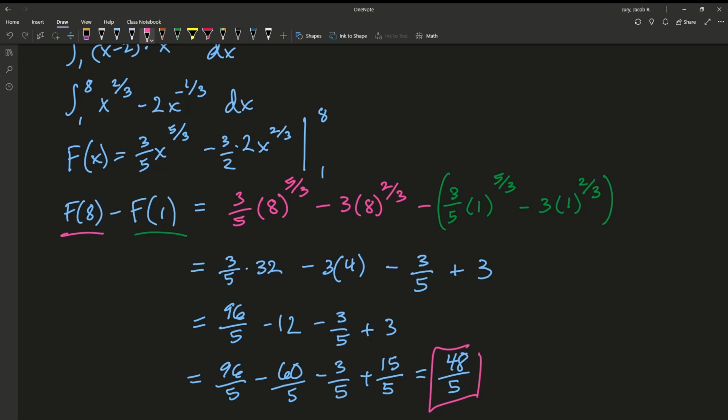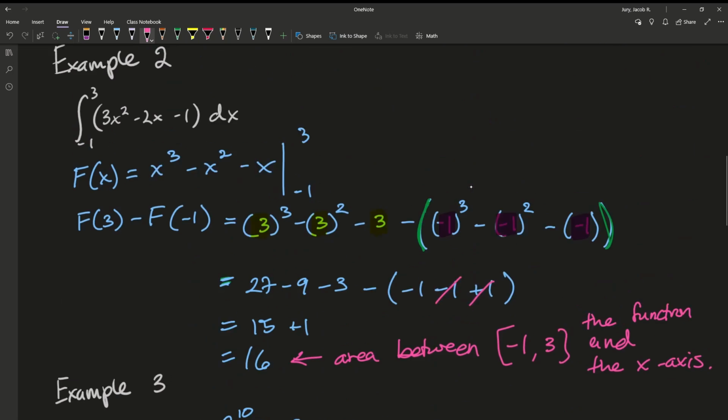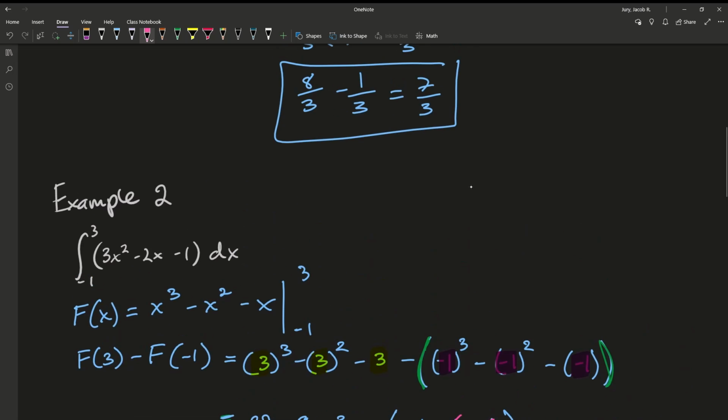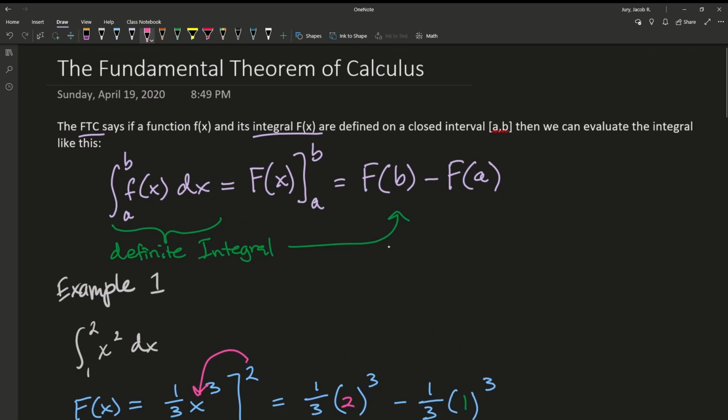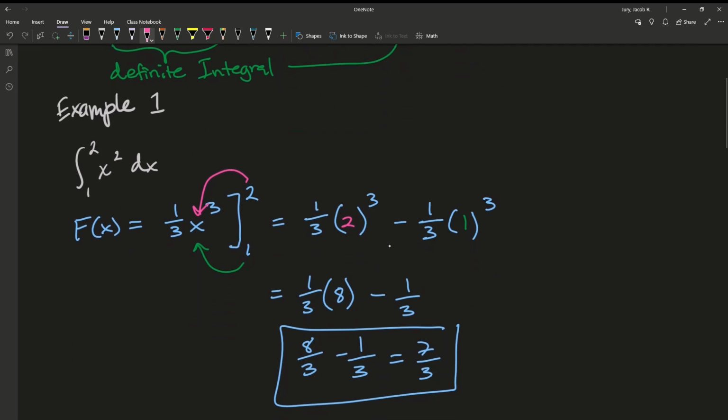What I would make sure you have is enough space. Make sure you're working down. I know at the very beginning I wasn't working down, to just show the chain of events from just the definite integral definition, or using the fundamental theorem of calculus.